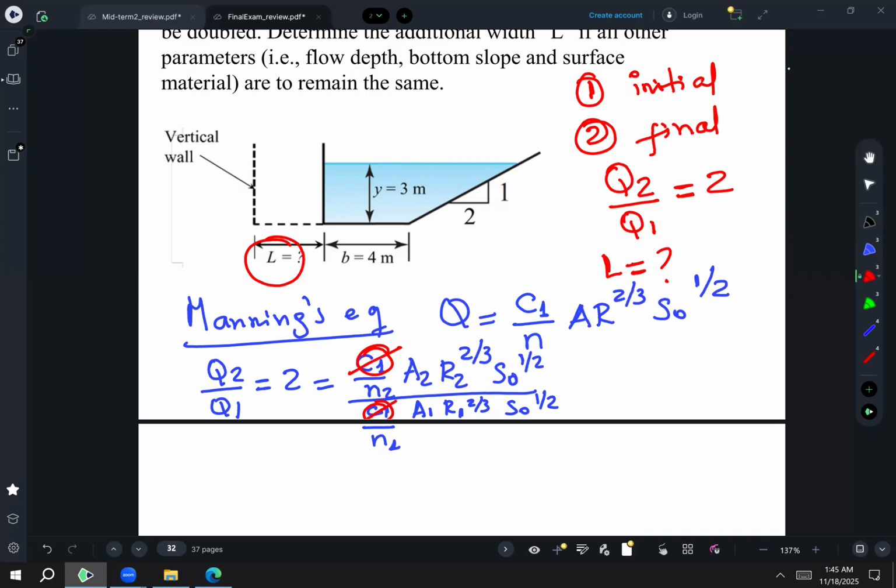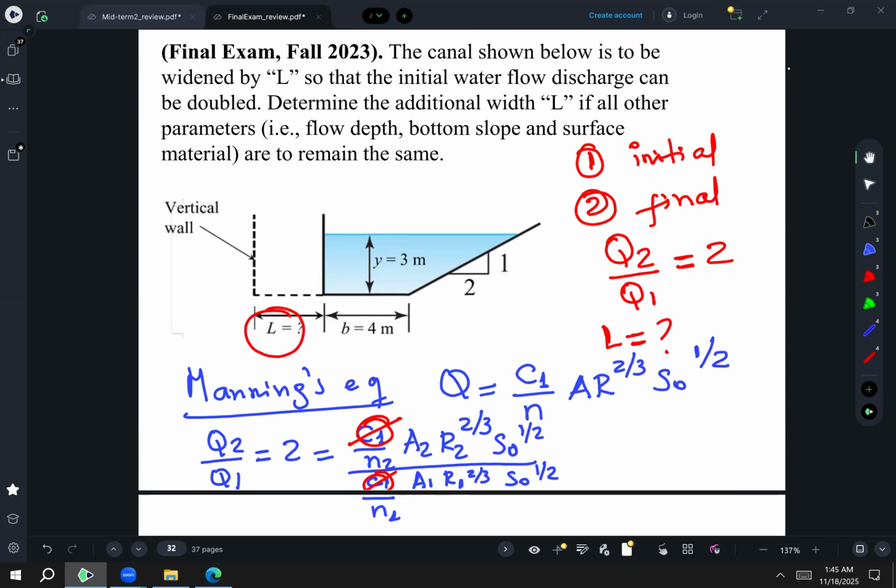We can cancel that. The problem is also telling me that some of the properties will remain the same, for example the surface material. That means the roughness will remain the same, so n1 equals n2 and we can cancel this. The slopes are the same, so we can cancel those.